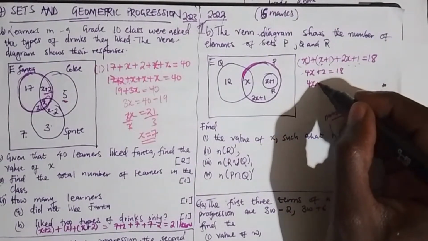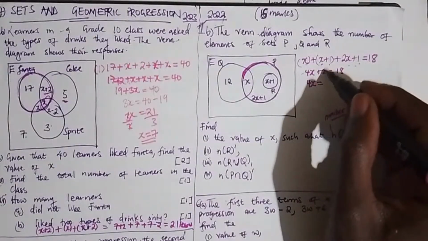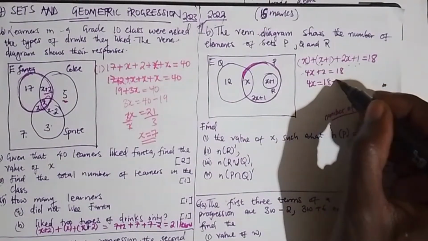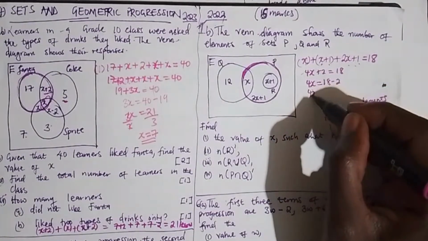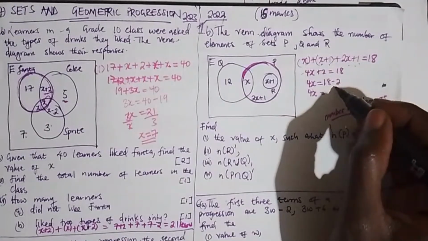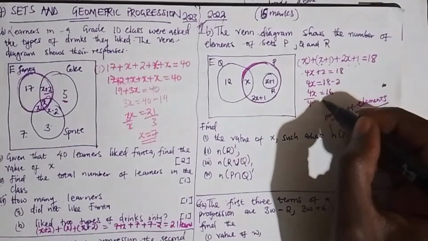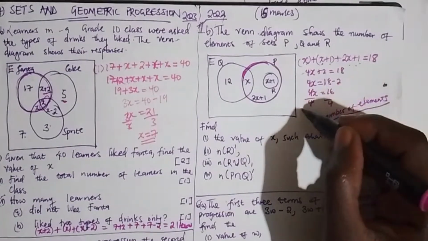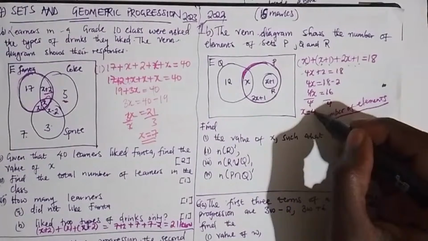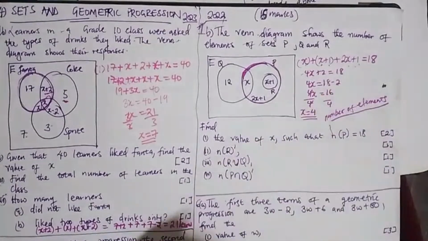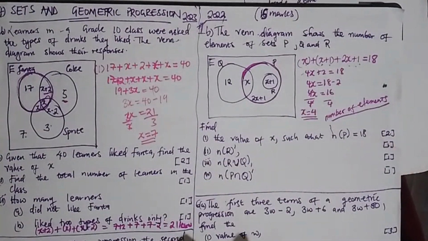We have 4x equals, these two go that side. We have 18 minus 2. We have 4x is equal to 18 minus 2. We have 16. Divide by 4, divide by 4. x is equal to 4. So here our answer is 4. So the value for x is 4.